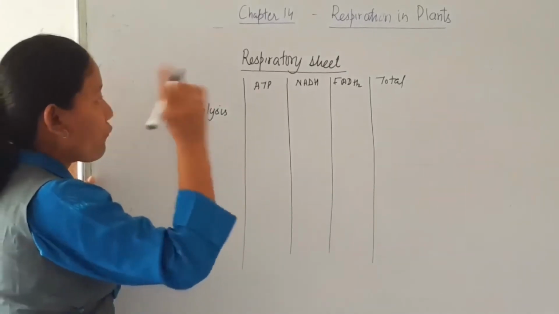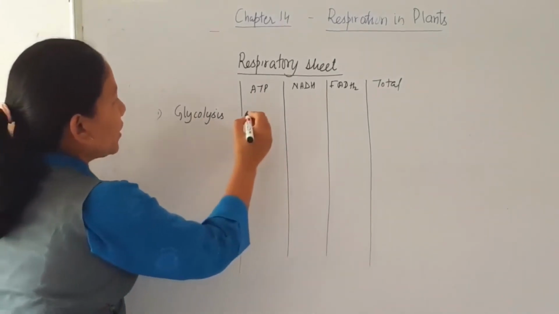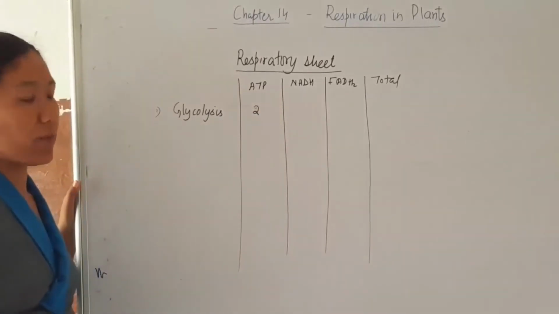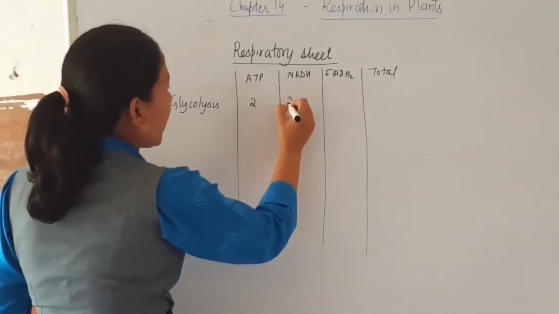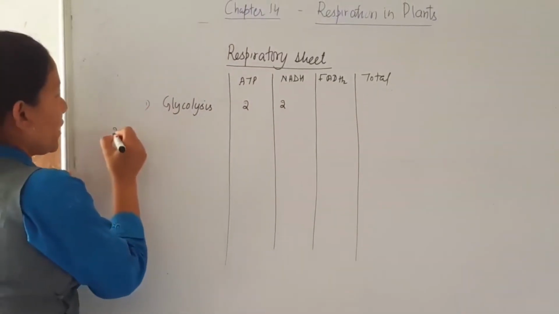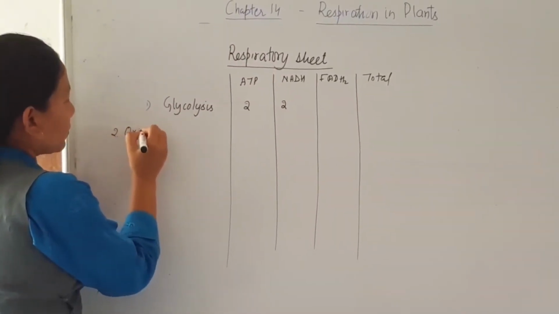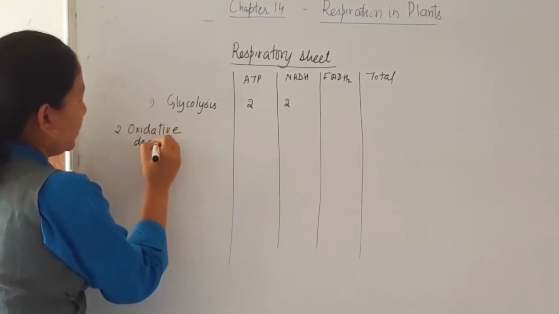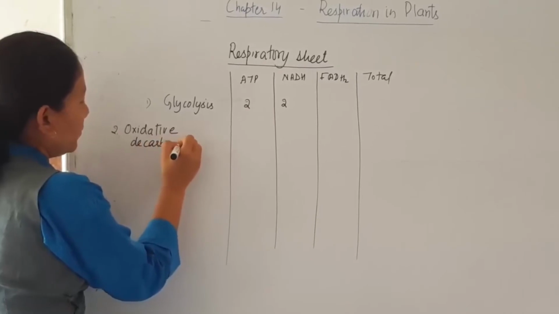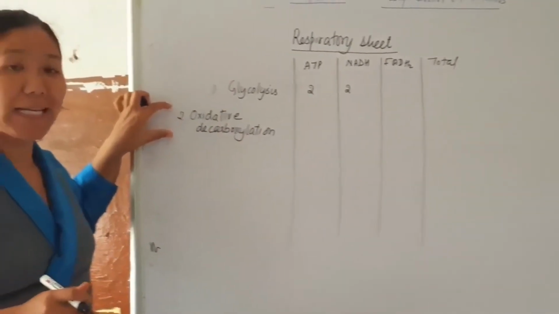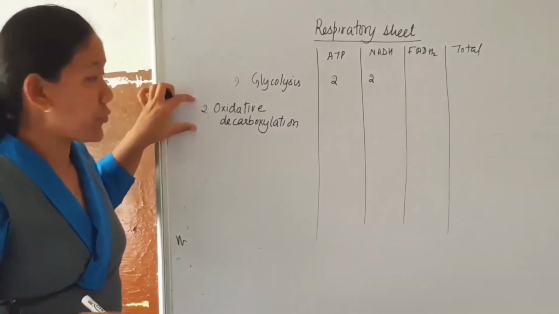Glycolysis. And if you remember, it is 2 ATP which is synthesized during glycolysis and 2 NADH synthesized during glycolysis. Now the second step is oxidative decarboxylation, which takes place in the mitochondrial matrix.